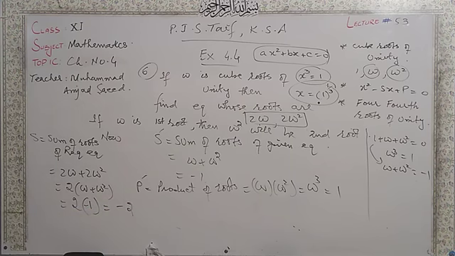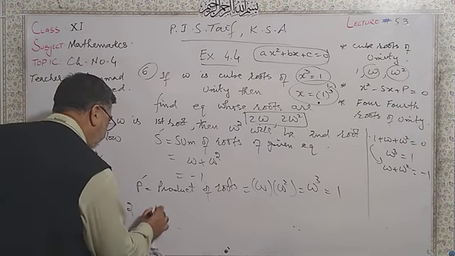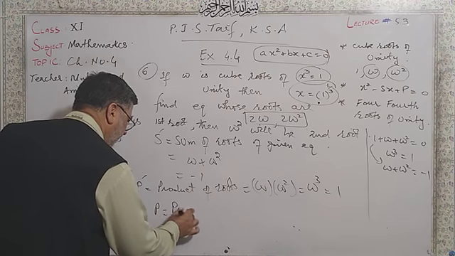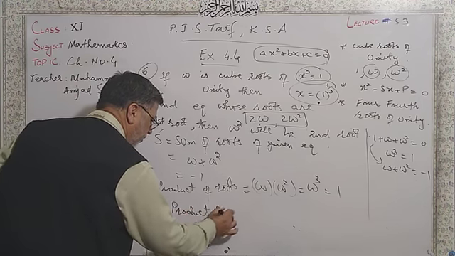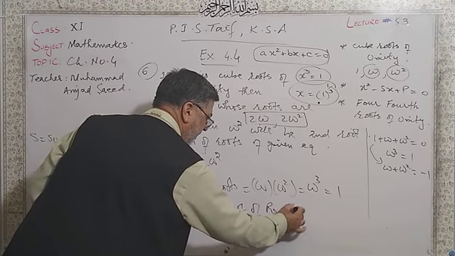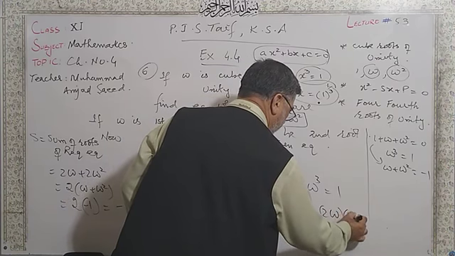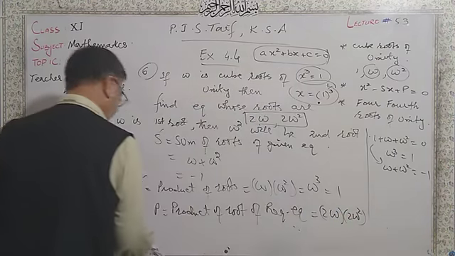Dear students, after that we will write down P dash is equal to product of roots of the required equation. That will be 2 omega into 2 omega square.